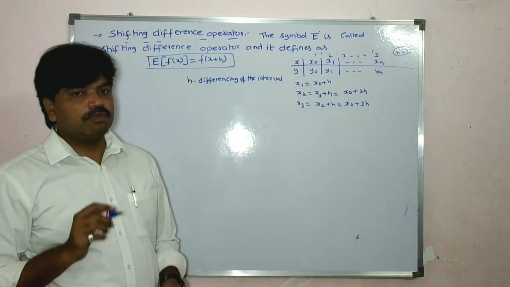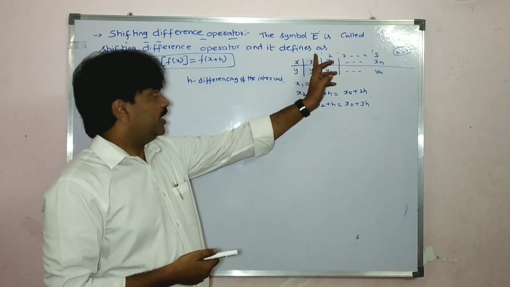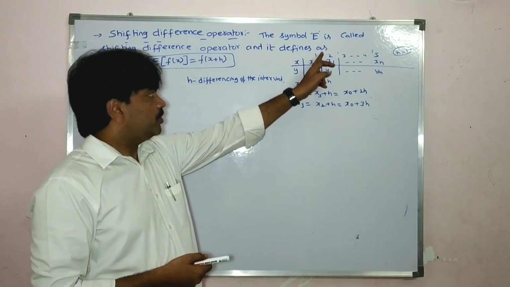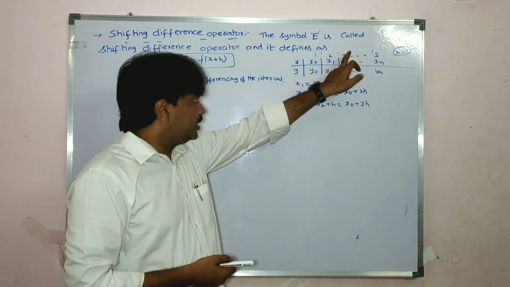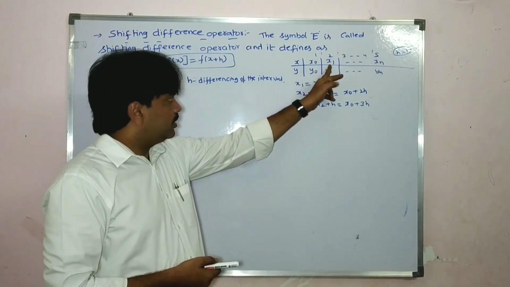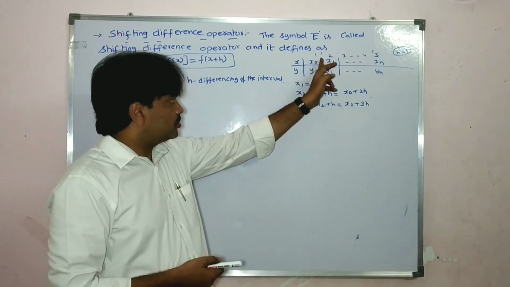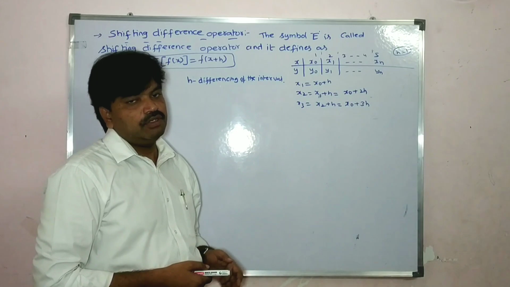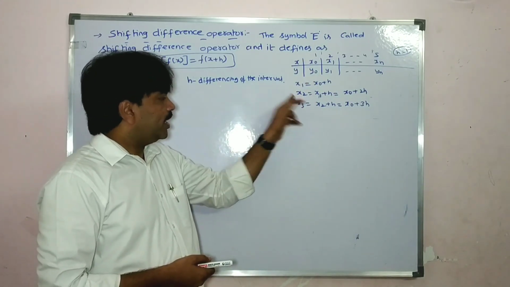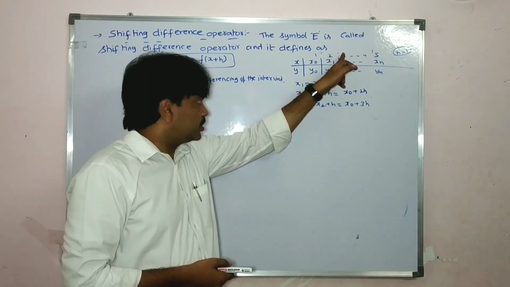Okay, students, let me make the point once again. Suppose the h value is 1, students. 1 plus 1, 2. 2 plus 1, 3. Similarly here, x1 means x0 plus h. H is 1, so we get x1 as 2 there. Now x2 means x1 plus h.